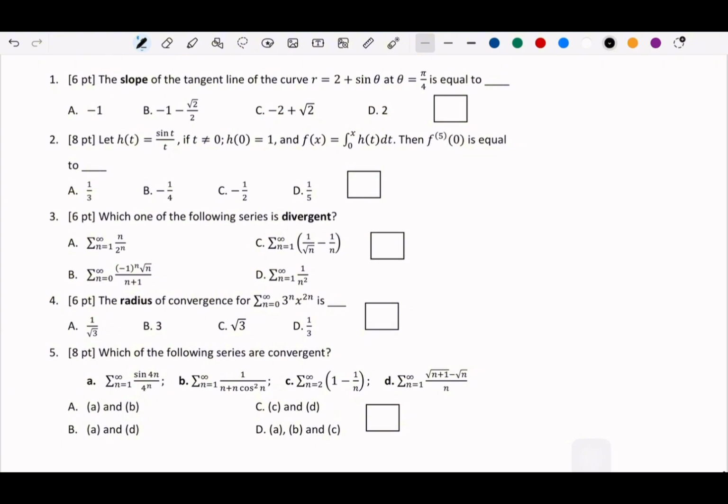Maybe any request, which part should we take first? Maybe number one, or two, because there's only one about parametric in this case. And maybe if you have any other requests.